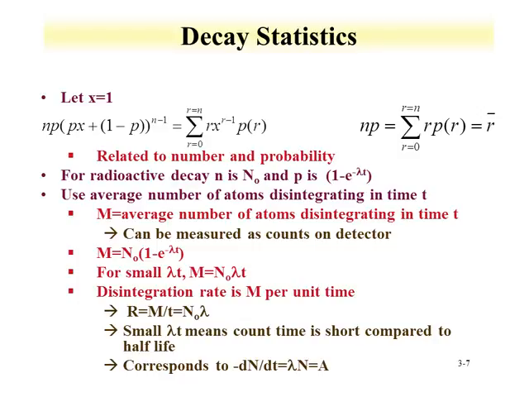Well, the rate here is just m divided by t, and if I divide by t over here, it equals N lambda. This corresponds to our equation that we use frequently for determining activity, where the activity in counts per second is equal to lambda N.